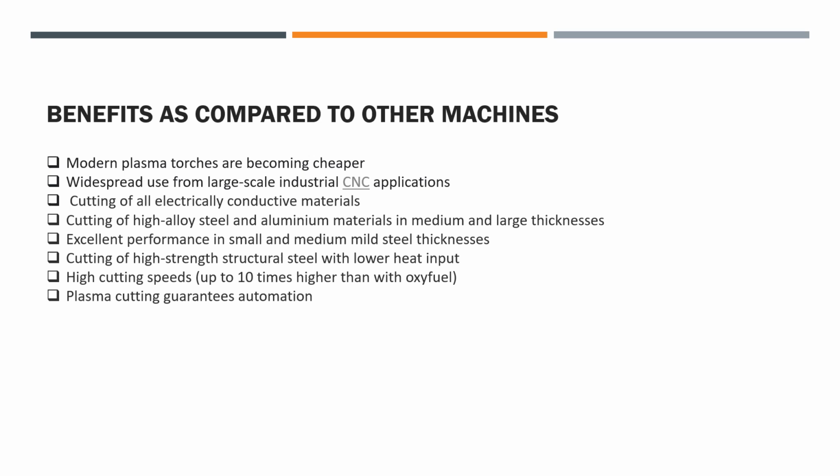We can also use them to cut high alloy steel and aluminum materials in medium and large thickness, and they give excellent performance in small and medium mild steel thickness. We can also use them to cut high strength constructional steel with low heat input.